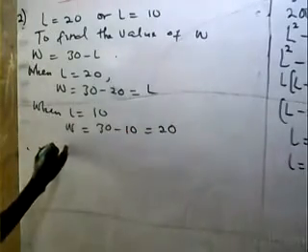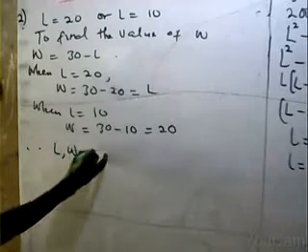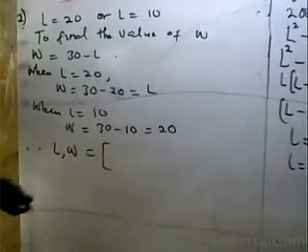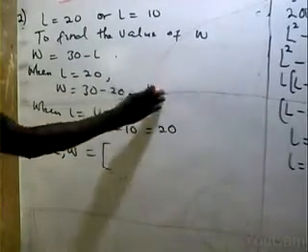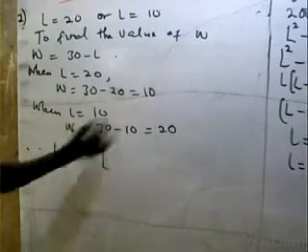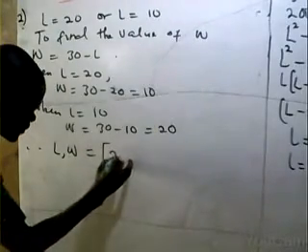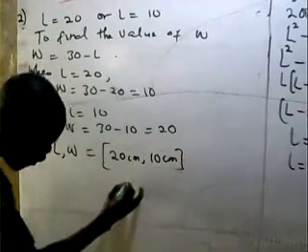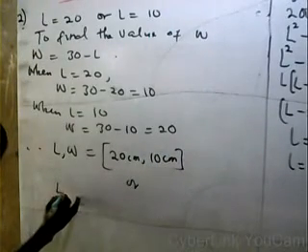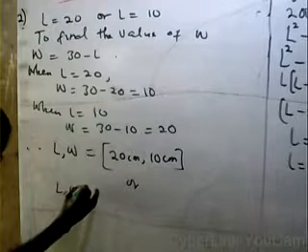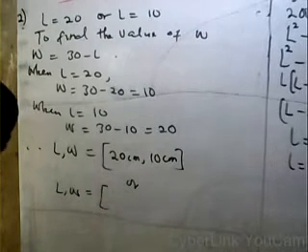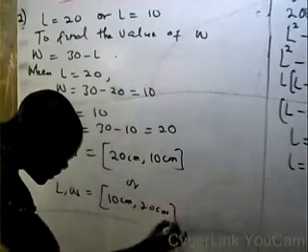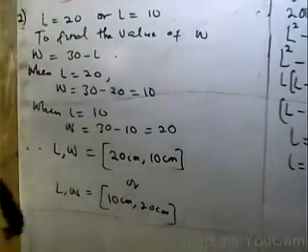So the conclusion will now be L, W is either equal to the first statement, which is 20 centimeter, 10 centimeter, or we have this, which is 10 centimeter, 20 centimeter.